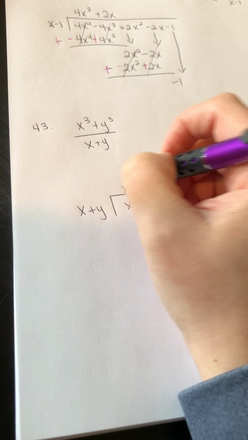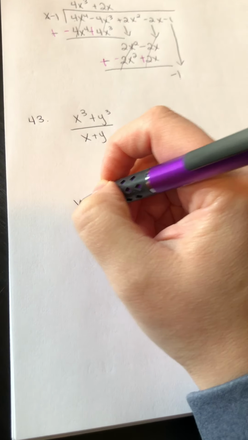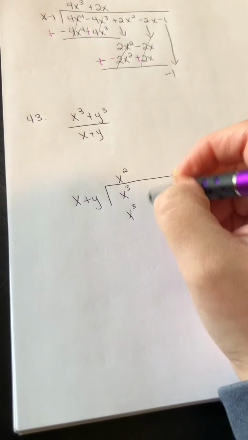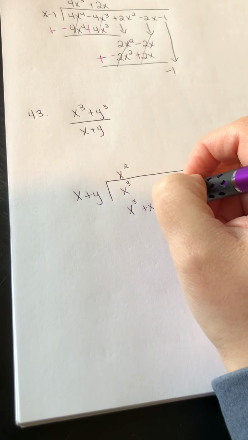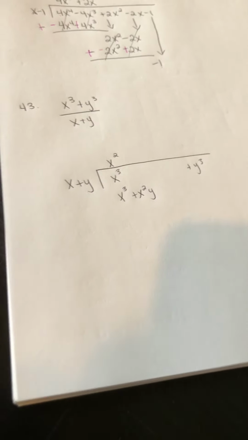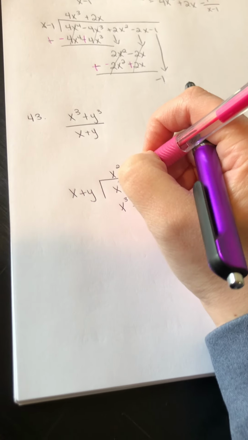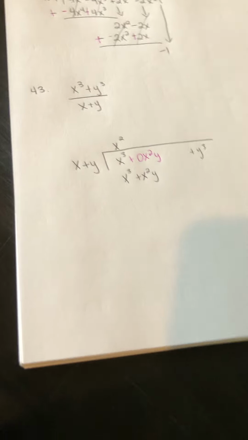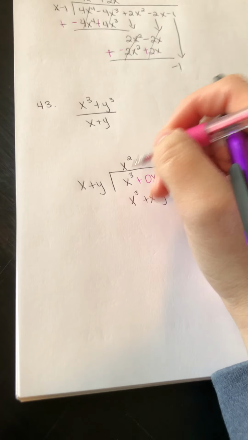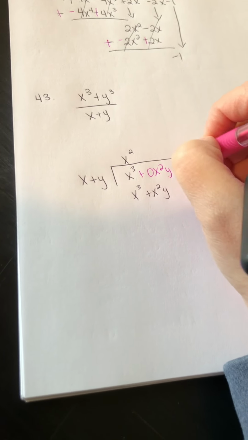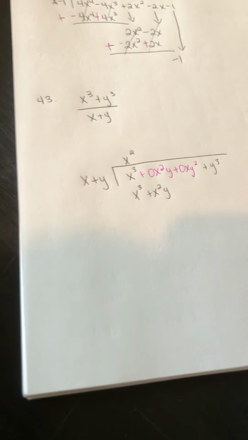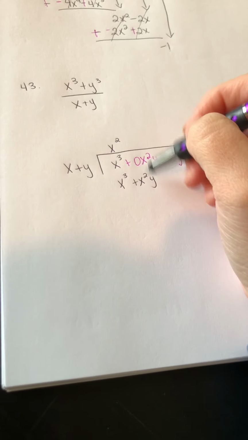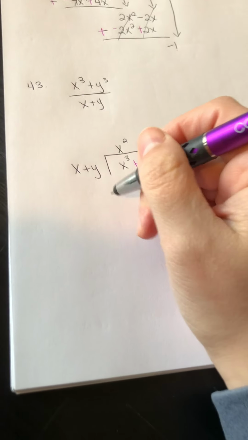I have to do an x squared. What does that give me? x squared times x is x cubed. And x squared times y is x squared y. So you see that's not here. So that's why I was saying if you're missing exponents, you want to do them with zeros. So we've got a 0x squared y, and then you should have a 0xy squared as well before you get to y cubed. So if you do that with zeros, it helps you line up exponents and stuff.